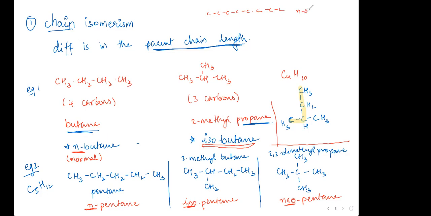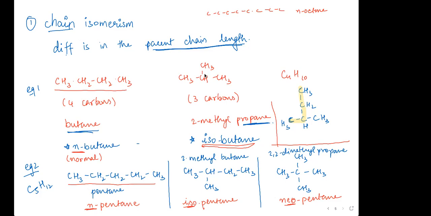So this is N-octane. N-decane means, the prefix N is the most commonly used for all alkanes when you need to indicate that it is a straight chain compound, with no branching in it. So iso and neo are used for very specific situations.